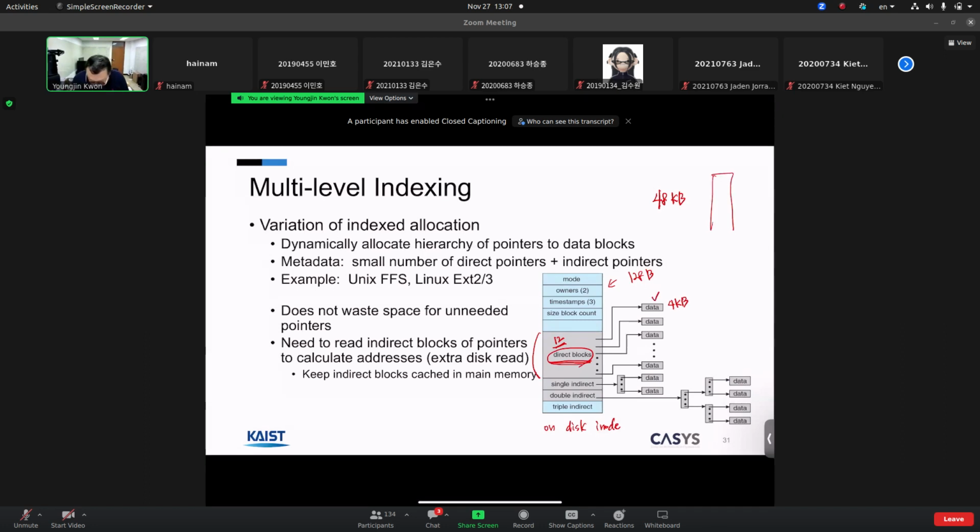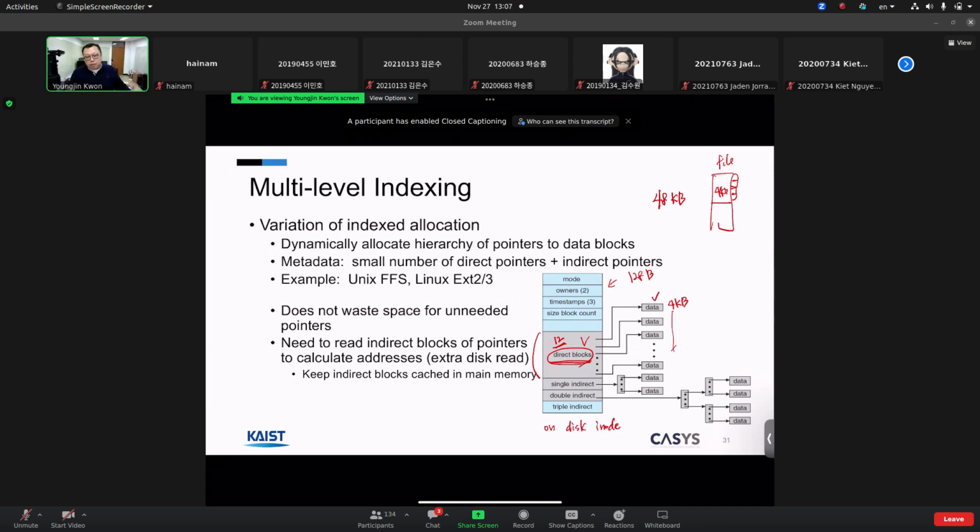Let's say here is a file of 48 kilobytes, and each 4 kilobyte chunk is indexed by a direct block embedded in the inode. So by reading the inode, you know the location of data up to 48 kilobytes.